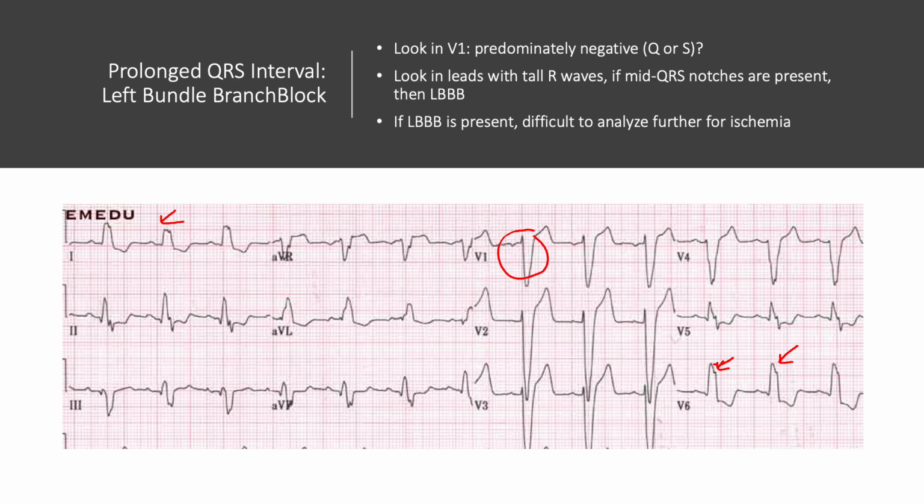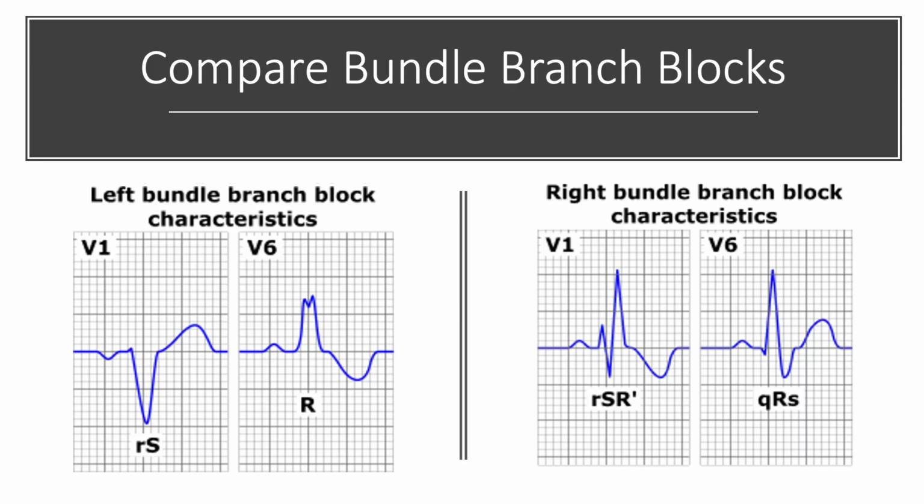And there's some notching that I can see happening over here in lead 1 as well. There's some notching in that R wave. And that notching, along with the predominantly negative QRS complex in lead V1, confirms that I have a left bundle branch block. So let's compare these two.